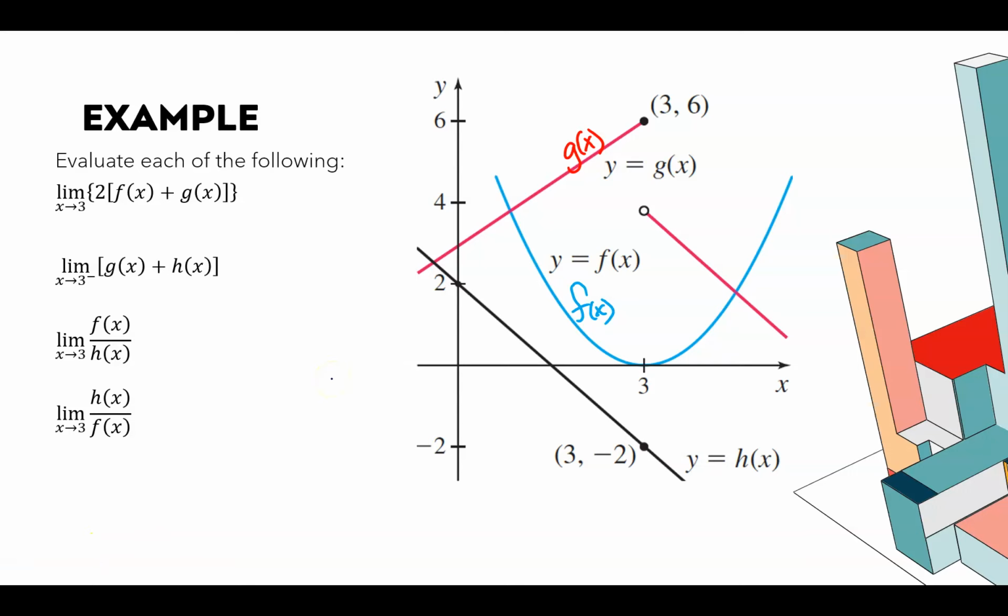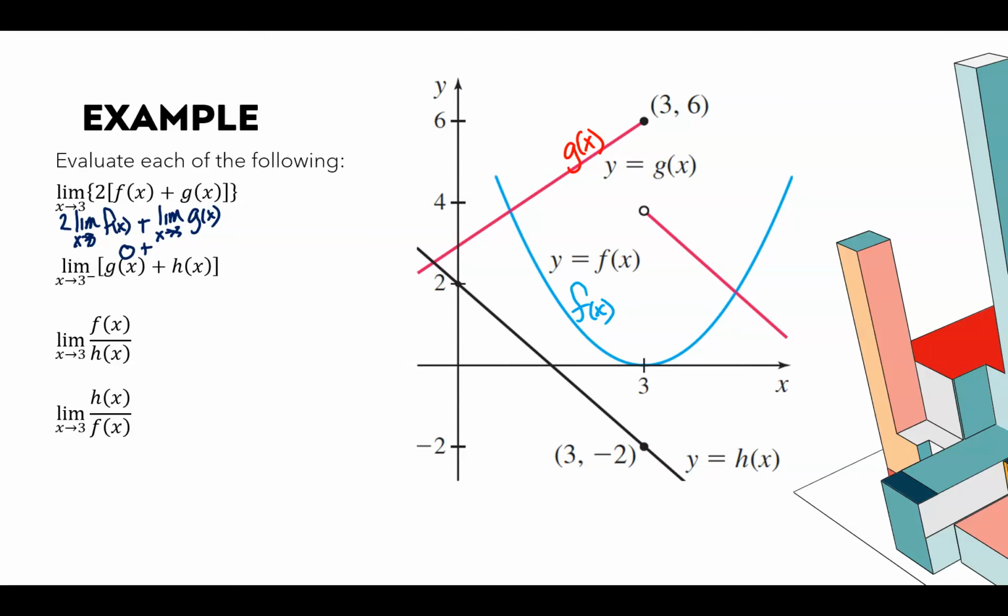Okay, so here, I guess I have to write tiny. We're going to do 2 times the limit as x approaches 3 of f of x plus the limit as x approaches 3 of g of x. And the limit as x approaches 3 of f of x, well, that's 0, times 2 is 0, plus the limit as x approaches 3 of g of x.